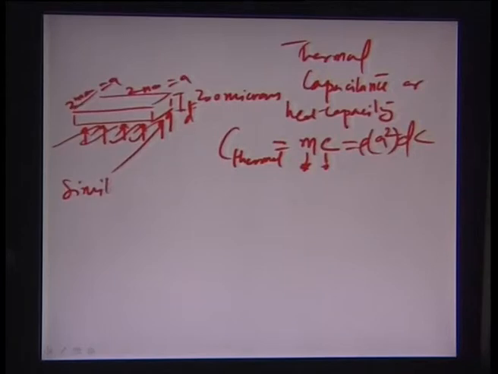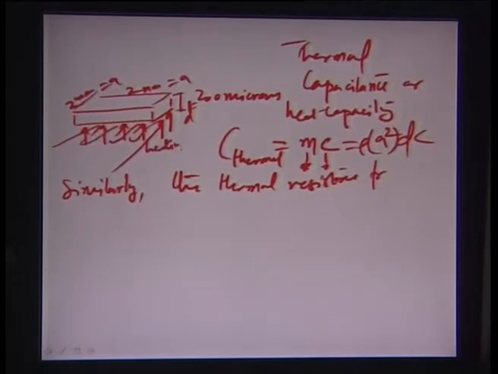Similarly, if you determine the thermal resistance, that is from the heating membrane to the top of the chamber. So this is the heating membrane or the heaters, and this is the top of the chamber.